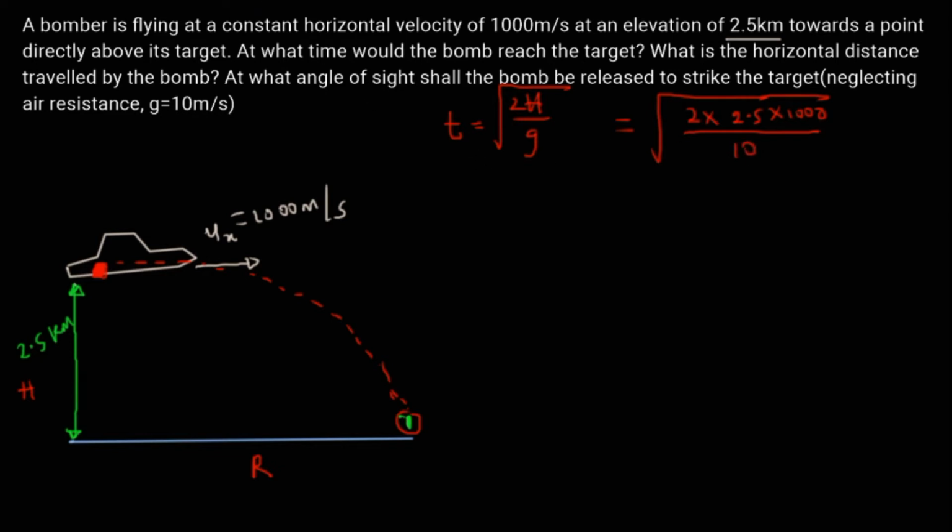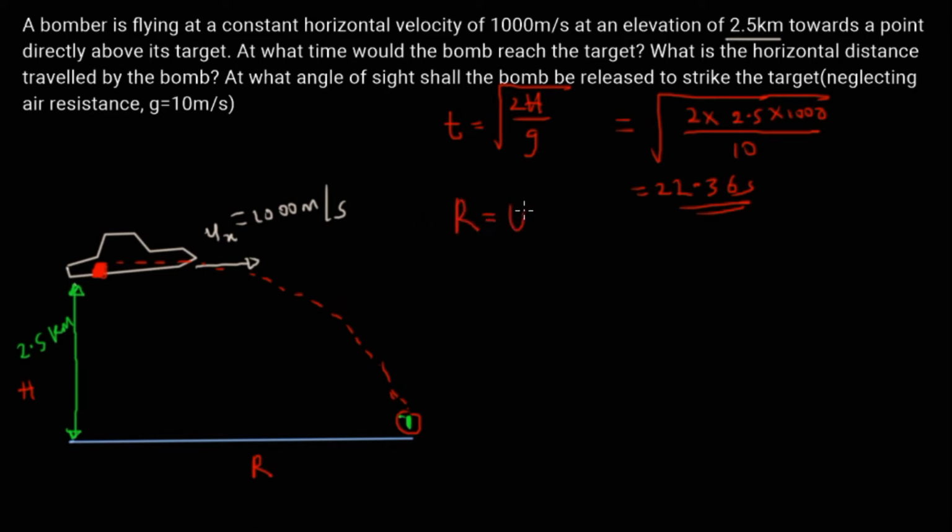So 2 times 2.5 multiplied by 1000 is 5000, then divided by 10, that's 500. So the square root of 500 will become 10 root 5, which is 22.36 seconds.